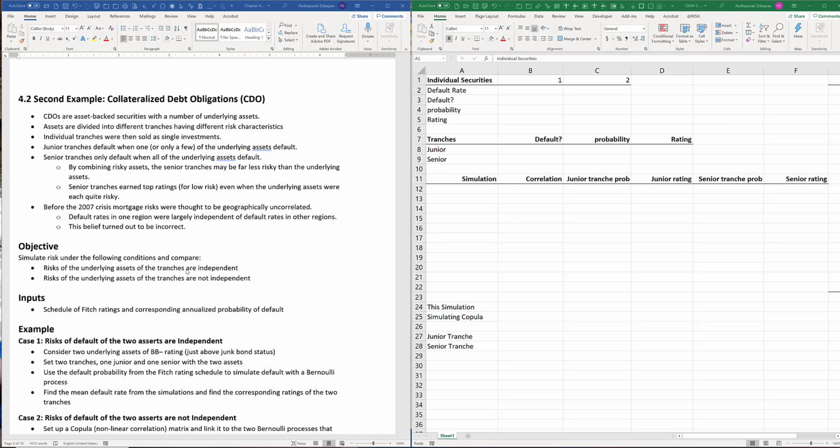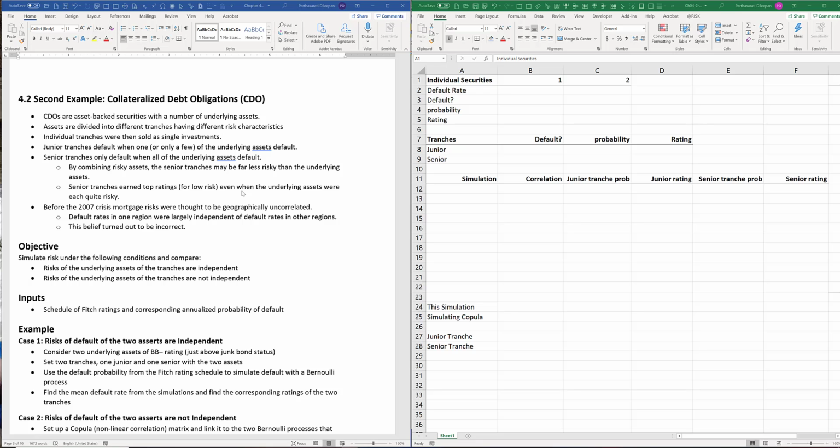The senior tranche, on the other hand, is only declared default when all the underlying assets go default. So by combining risky assets, the senior tranches may be far less risky than the individual underlying assets.